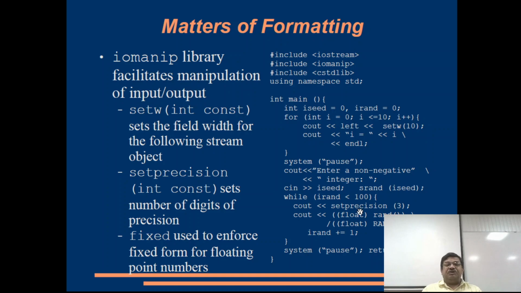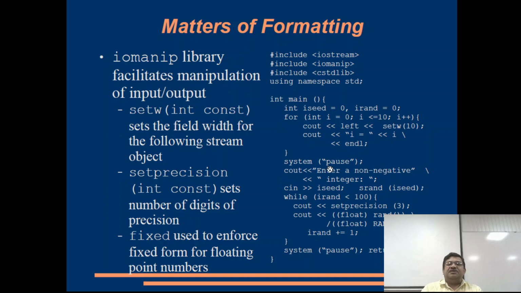So it has to be converted to float first. So the numerator will be converted to float, and then the denominator will also be converted to float, and then the division will be carried out, and that is how you will get a uniformly distributed random number between 0 and 1.